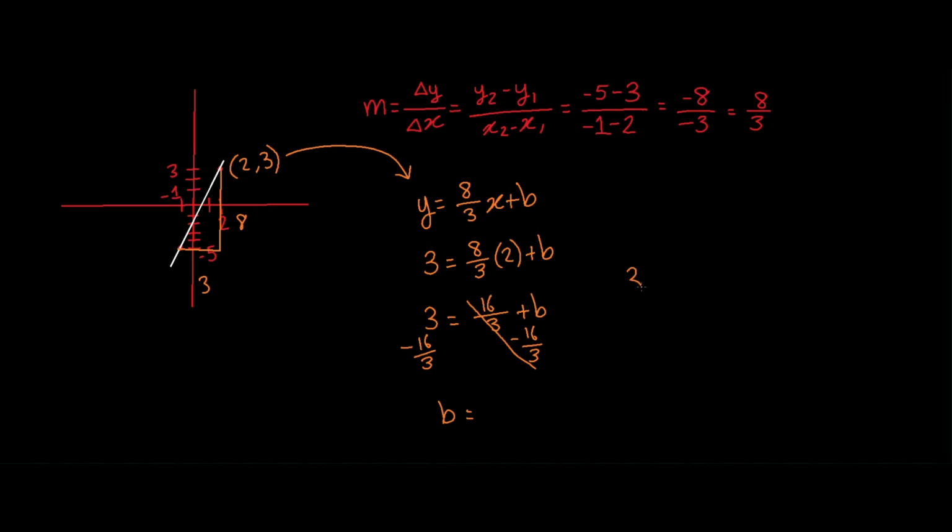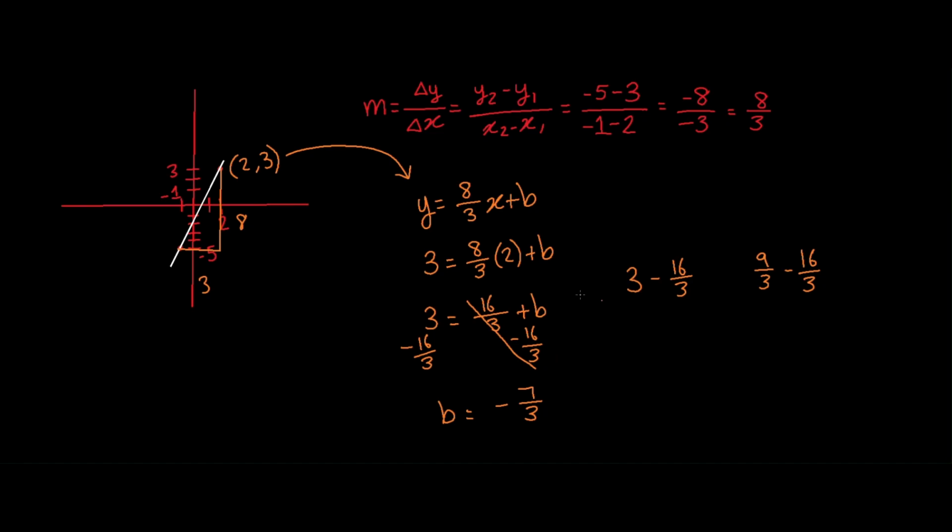Let's do that over here. 3 minus 16/3. So 3 is also equal to 9/3 minus 16/3. So that would equal -7/3. So that is b.